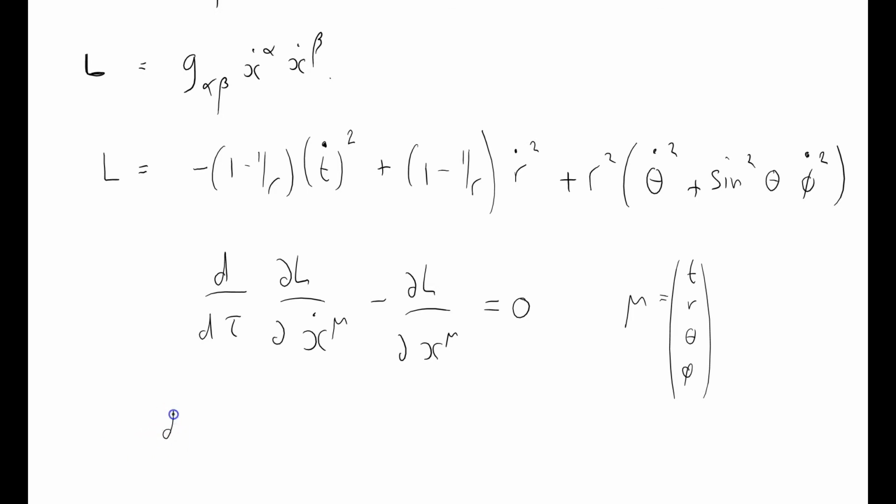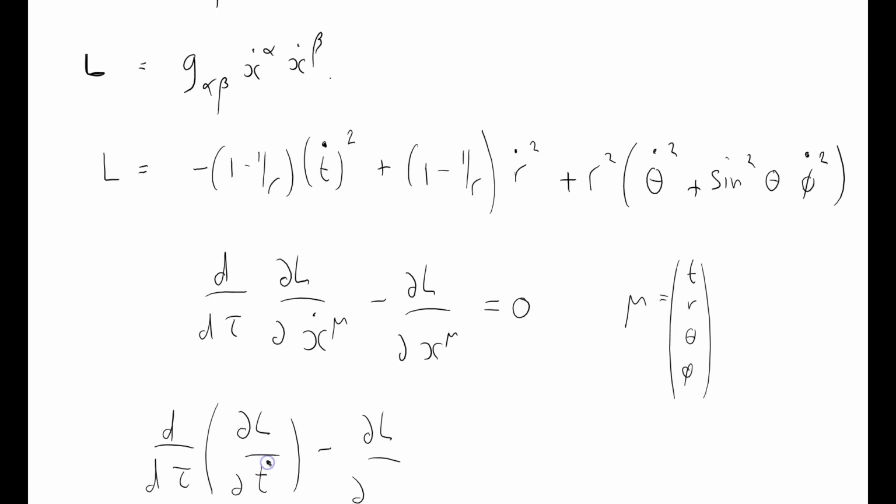Let's try the t. d by d tau of partial L by, well, let's write it out, partial L by partial t dot, minus partial L by partial t equals 0.